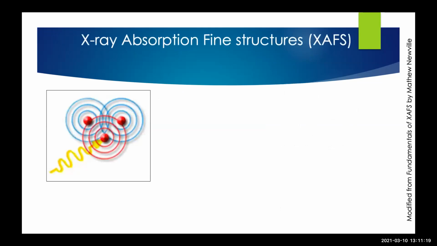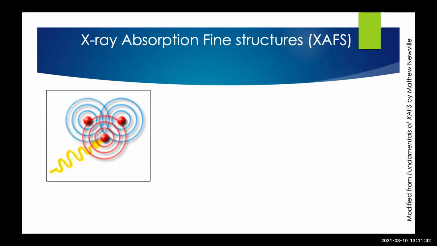The reason is actually very simple. We have an incoming X-ray that penetrates a solid. So the electron wave that is generated will oscillate, and will interact with all the other neighboring electron waves that are in the solid.